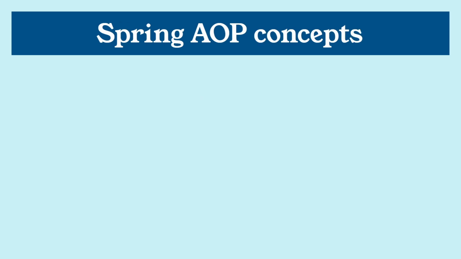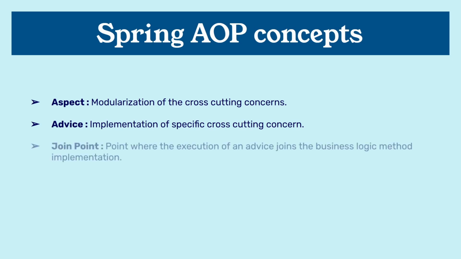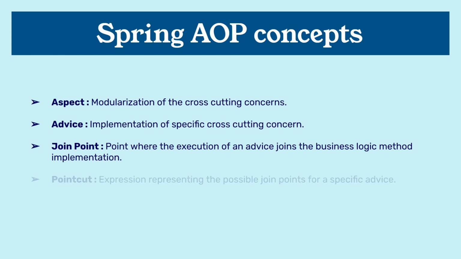Now that we have seen the concepts, let us summarize them. There is something called an aspect, which is nothing but the modularization of the cross-cutting concerns into a single place. And the advice is the actual implementation of that cross-cutting concern. The join point is the point where the execution of the advice joins the business logic, as we have seen in our example.